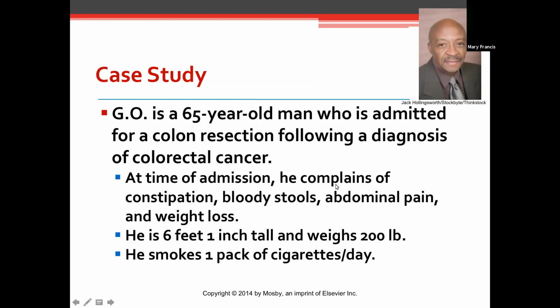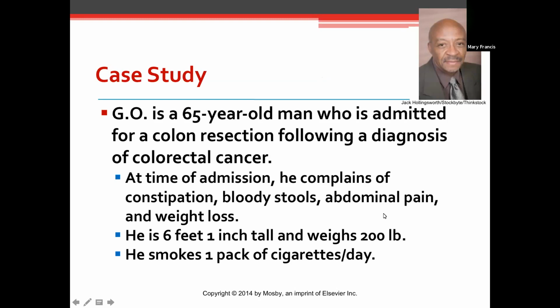Case study: GO is a 65-year-old man who was admitted for colon resection following a diagnosis of colorectal cancer. At the time of admission, he complains of constipation, bloody stools, abdominal pain, and weight loss. He's 6'1" and weighs 200 pounds, and he smokes a pack of cigarettes a day.